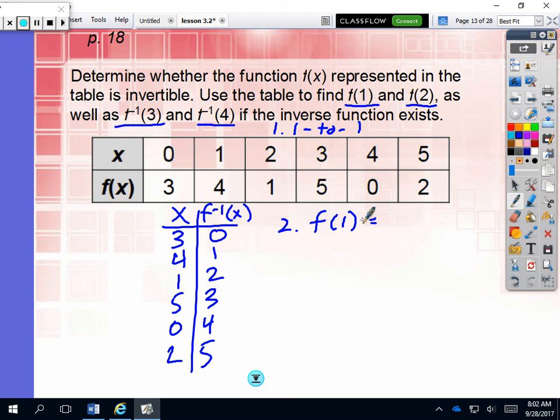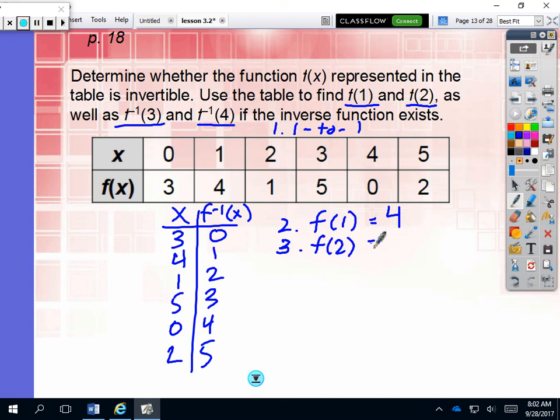So I start with the f of x graph or table. If I'm using f of x, then I want to go to the f of x table. So I start at 1. That means the value of the function at 1 is 4. Number 3 says to find the value of f of 2.